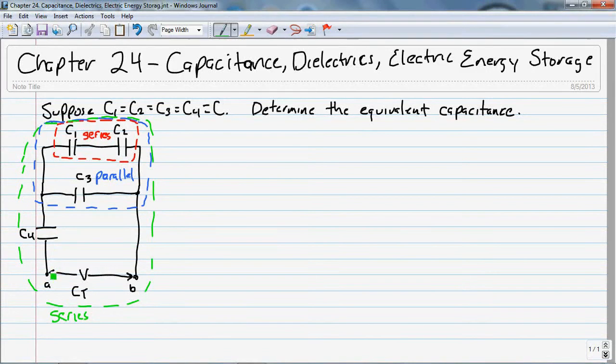Because the charge that flows through C4 is going to divide, and this parallel combination is going to look like one capacitor. So C4 is in series with this parallel combination.